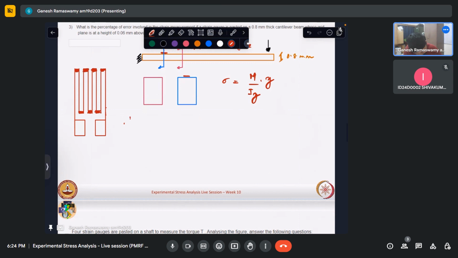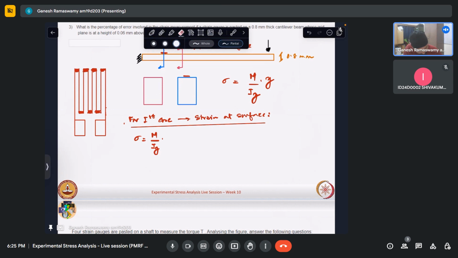So for the first case, that is the strain at the surface, we know that stress would be M by I of the beam into y, actually this would be Iz.